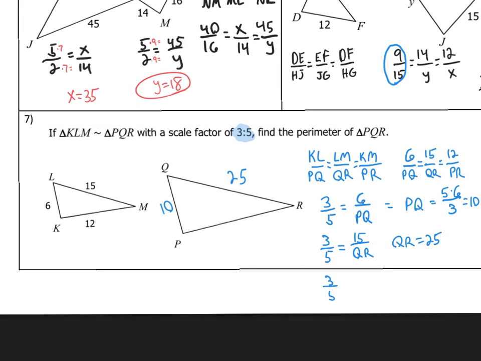And then 3/5 equals 12 over PR. 3 times 4 is 12. 5 times 4 is 20. So PR equals 20. Okay, so now we know what all the sides are. We can add them up and find the perimeter of the larger shape. So 20 plus 10 is 30. 30 plus 25 is 55.